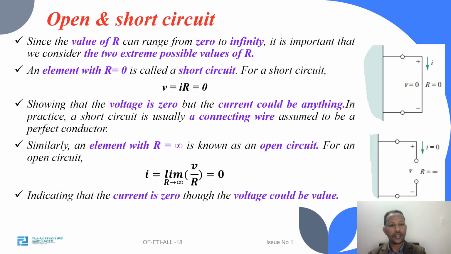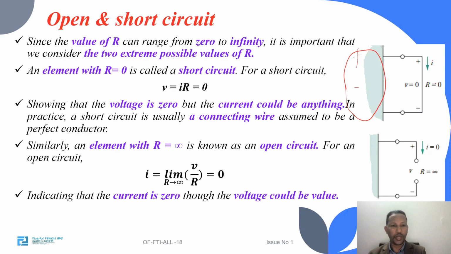For the first one, as you can see here, we assume there is a certain supplying source, and the resistance is 0. Across the terminals of the resistor, the two terminal elements of the circuit, since the resistance value is 0, the voltage will be 0. That's what we call a short circuit.